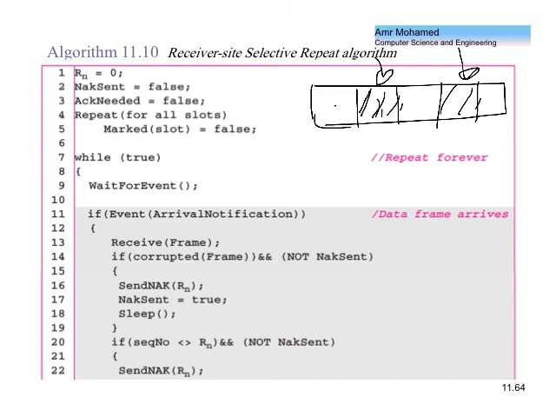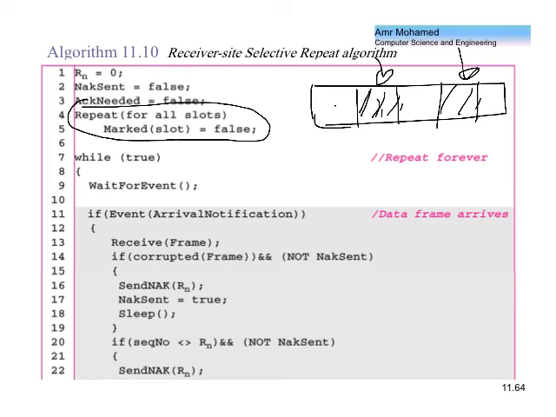Right? So at the beginning, I need to go through all the frames and mark them as false, which means that they have not been received. Once I receive a frame, I will mark it as received. Why do I need to do that? Because when do I slide the window of the receiver?